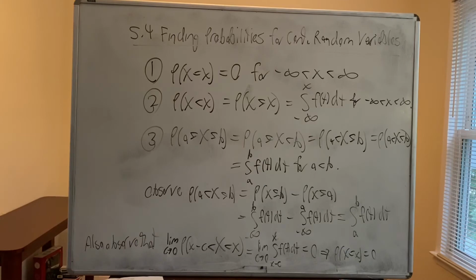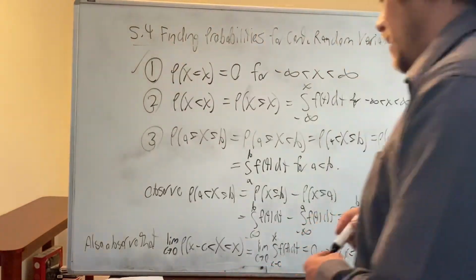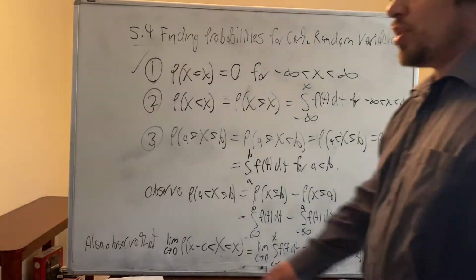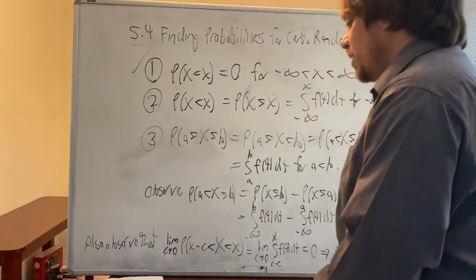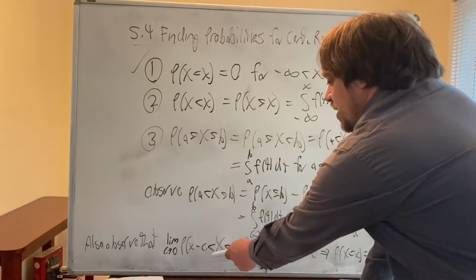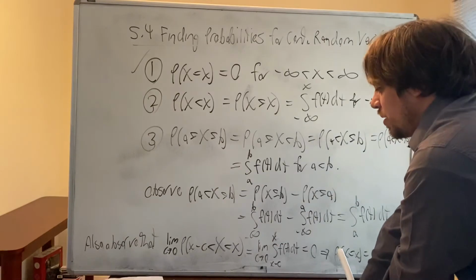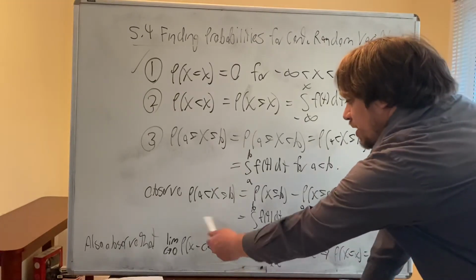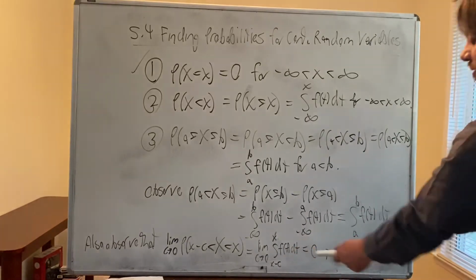Okay, so this is just proving 1. I have to prove that. So let me just say it again. Observe that the limit as c approaches 0 of the probability of little x minus c less than capital X less than or equal to little x is the limit as c approaches 0 of the integral representing that probability, the integral from x minus c to x of f of t dt.